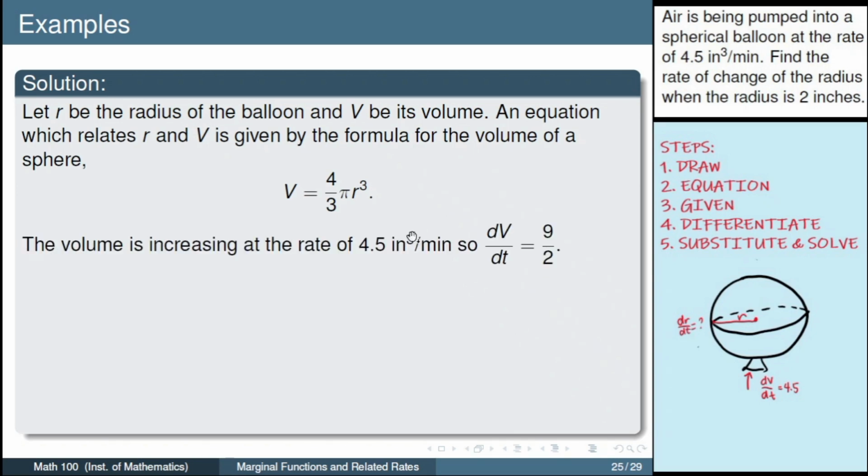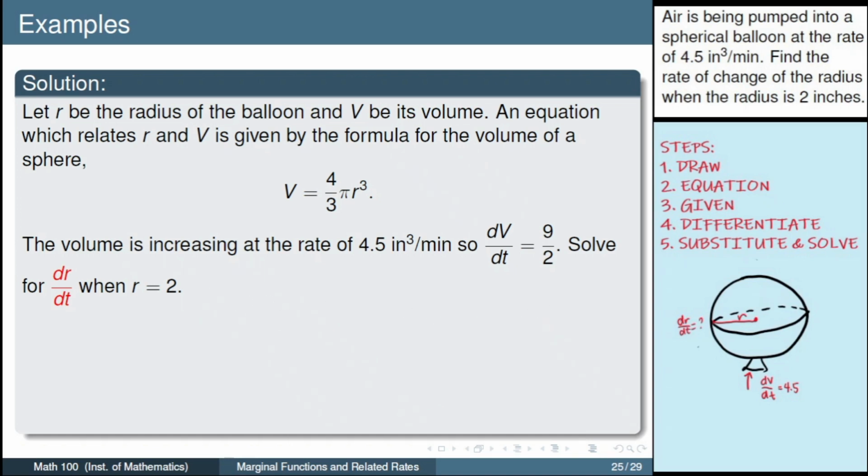So again, yung mga given sa problem, ang volume is increasing at the rate of 4.5. Therefore, our dV over dt is positive, and this is equal to 9/2. So, ginawa lang natin fraction yung 4.5. Okay? And our goal is to solve, again, dr over dt when your radius is equal to 2.